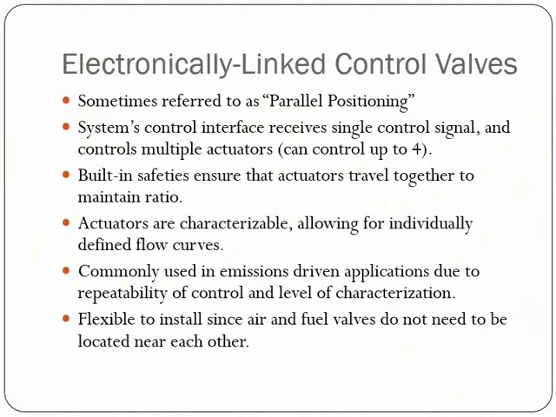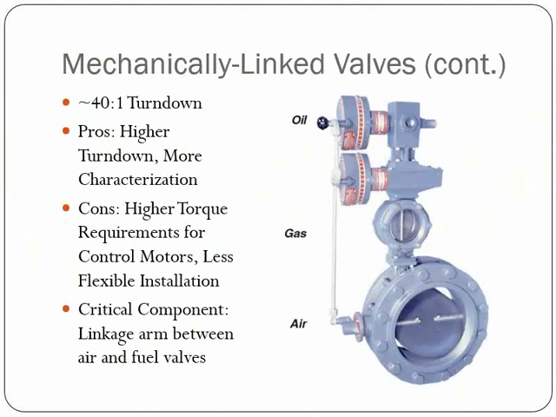All the actuators in most of the parallel positioning products are fully characterizable, right? So in the previous example that I showed, let me just jump back here. On the mechanically linked valves, the way that these are typically set up is that you set your air valve at low fire and high fire by adjusting the linkage arm between the air and the gas valve.